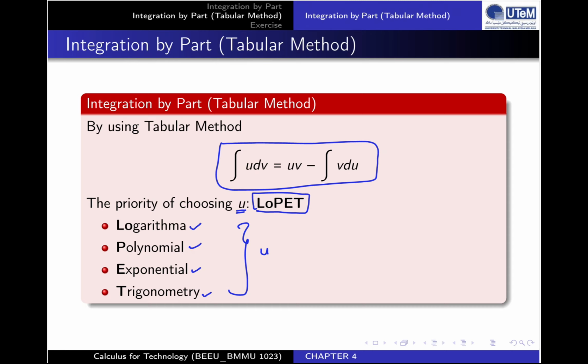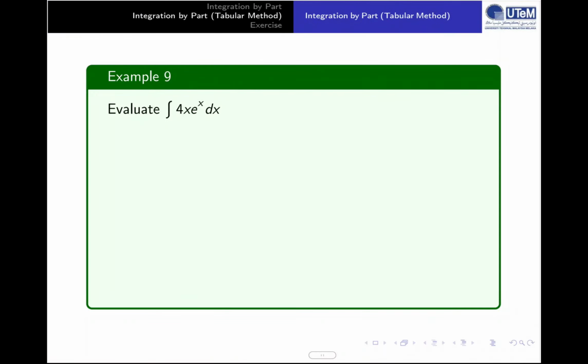Okay, so look at example 9. Okay, we have integration of 4x e^x. So by using LOPET, in this form you have 4x and e^x.